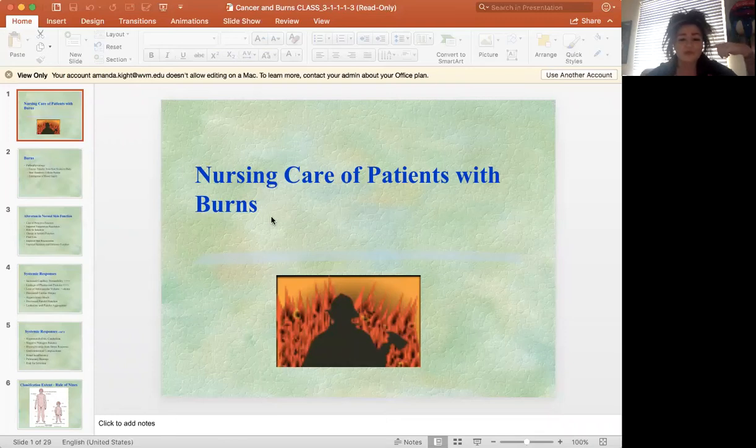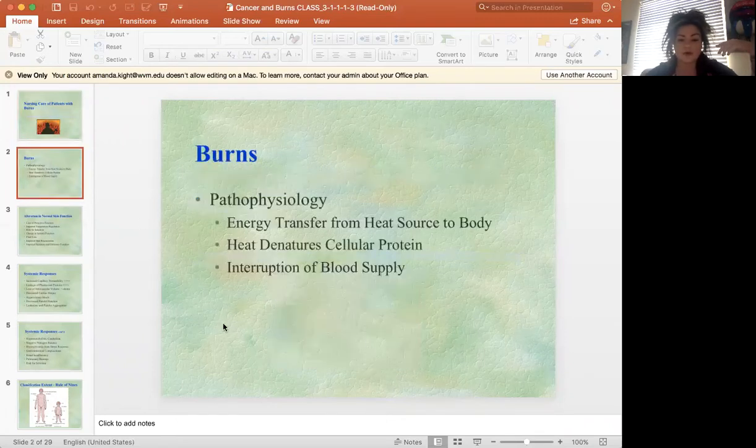Okay, so nursing care of patients with burns. Let's go ahead and start off with burns in general. Pathophysiology, I think, is fairly clear. We did some talking about that before we started going over the slides. Basically, it can be any sort, like I mentioned earlier, of transfer from a heat source. So it doesn't just have to be fire.